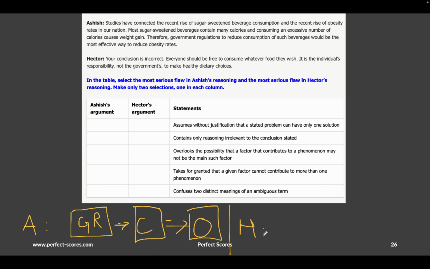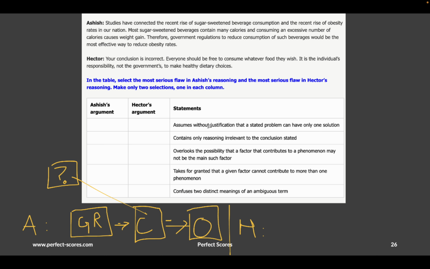He does not take into regard any other factor which could potentially influence consumption of such drinks. He only considers government regulations. So his whole argument relies on government regulations. On the other hand, Hector is not really making a coherent argument. So let's see whether the answer options talk about that.